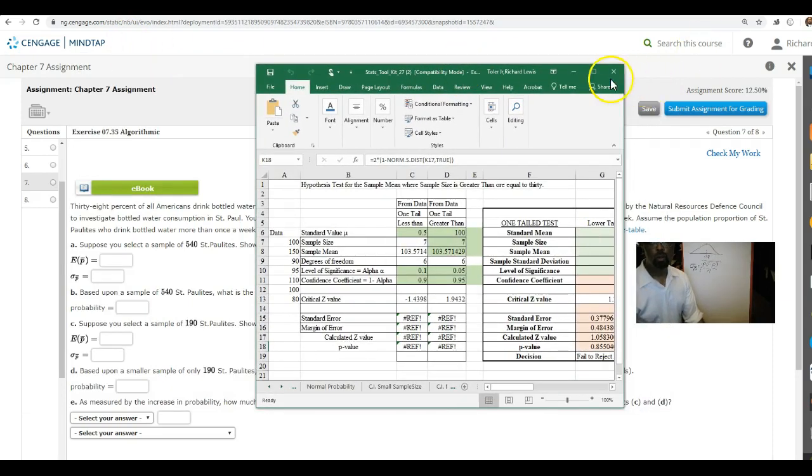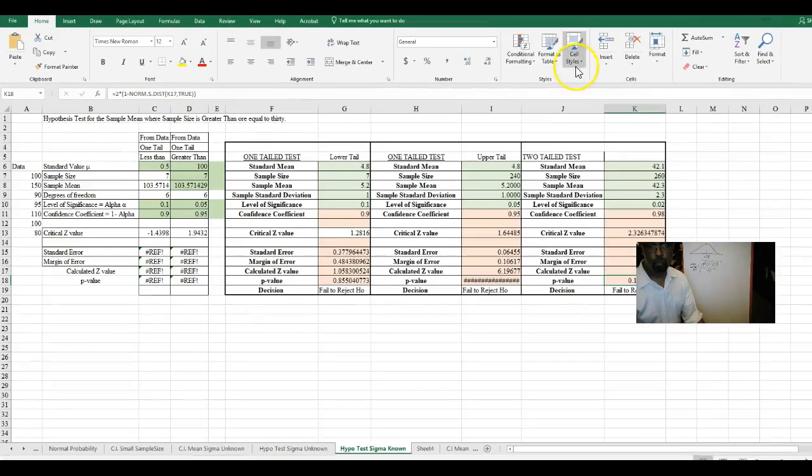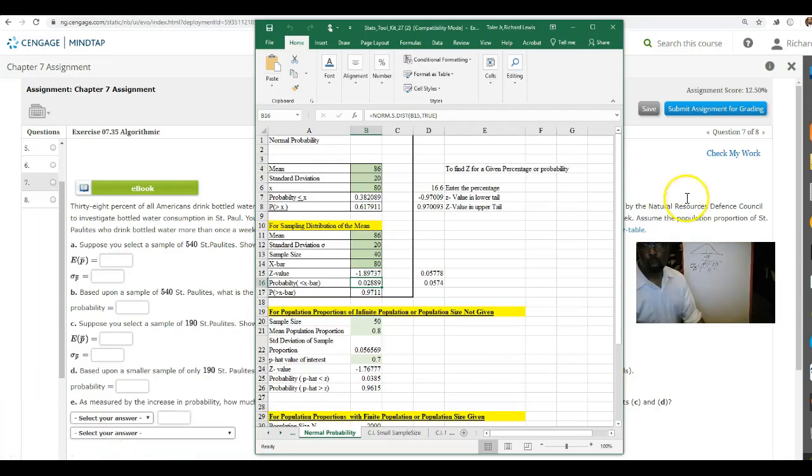So if you open up your statistical toolkit, in the normal probability tab, you can see for population proportions of infinite population, or where the population size is not given, which is what we have.